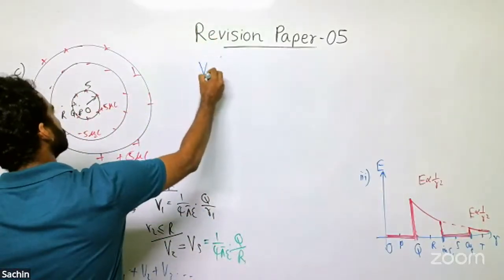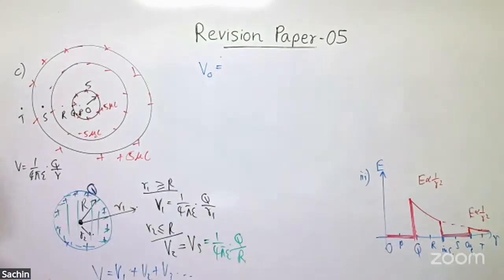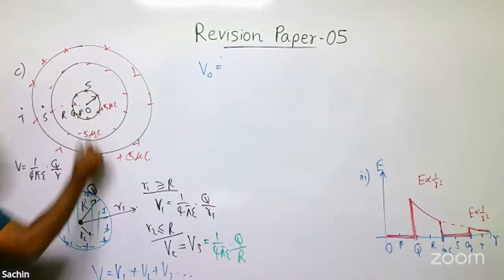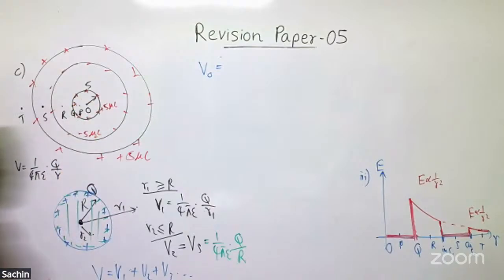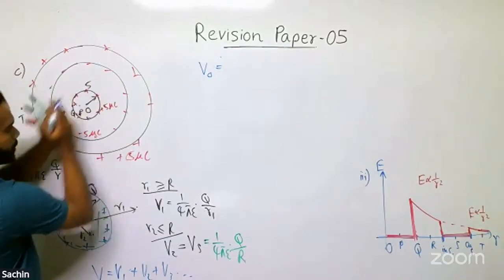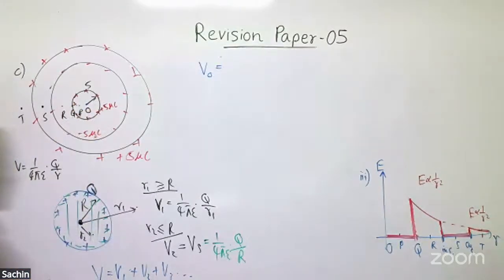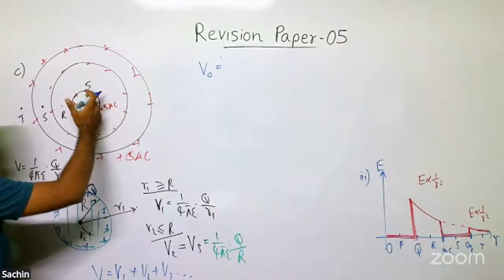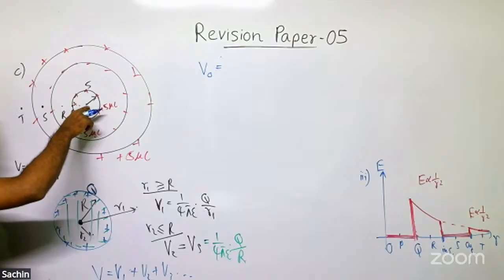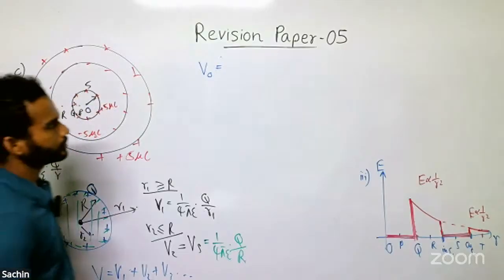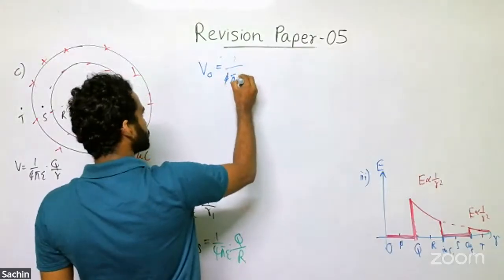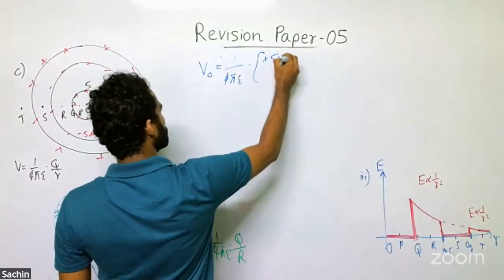So I'm considering point O. First take the point O. Look, all three charge distributions are outside compared to this point O. I mean, relative to all three distributions, the point O lies inside. That means the potential felt at O is the potential at the surface of each of the three. So 1 over 4 pi epsilon times plus 5 into 10 to the power minus 6.